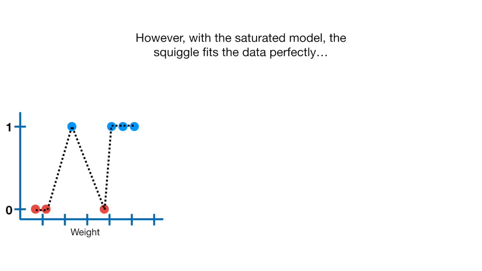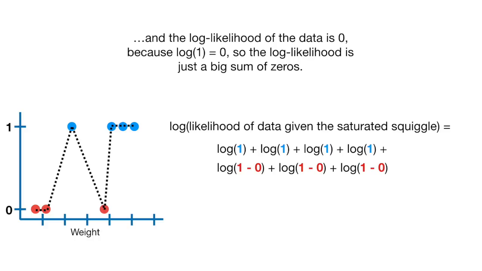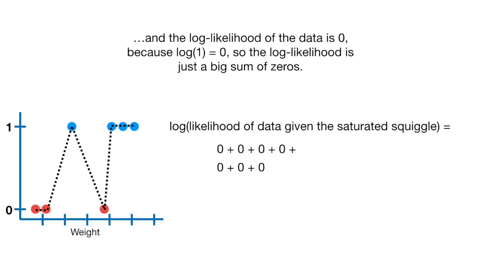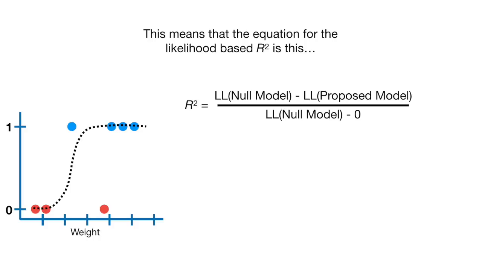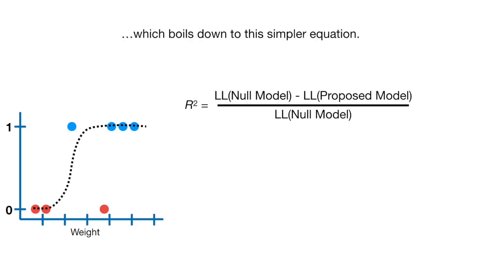However, with the saturated model, the squiggle fits the data perfectly. And the log likelihood of the data is 0, because the log of 1 equals 0. So the log likelihood is just a big sum of zeros. This means that the equation for the likelihood-based R-squared is this, which boils down to this simpler equation.